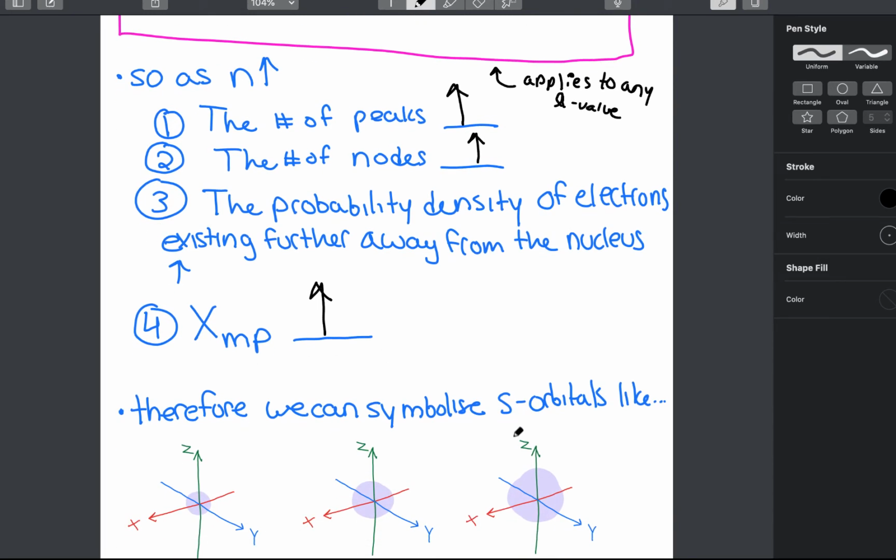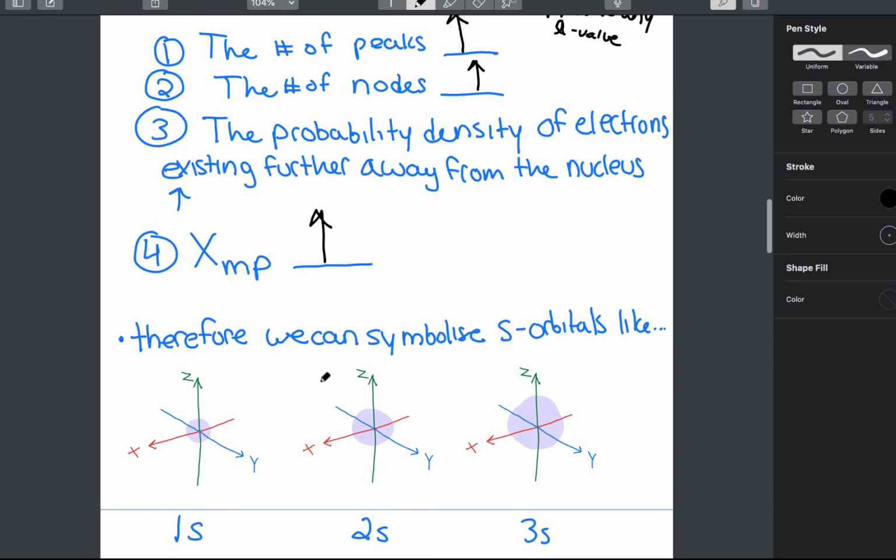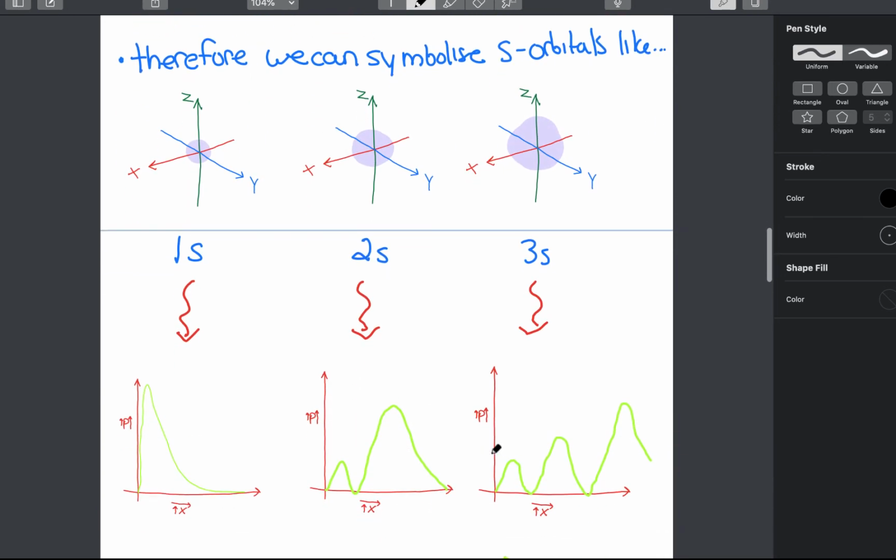So as you may have seen in your textbooks or in your lecture, we can symbolize the s-orbitals like these spheres. So these correspond to the different s-orbitals at the different energy levels. And as you see here, as the principal quantum number increases for each s-orbital, the s-orbital gets larger and larger and larger. So 1s will be the smallest, and then 3s here in this case will be the biggest. And these can correspond to their radial probability functions.